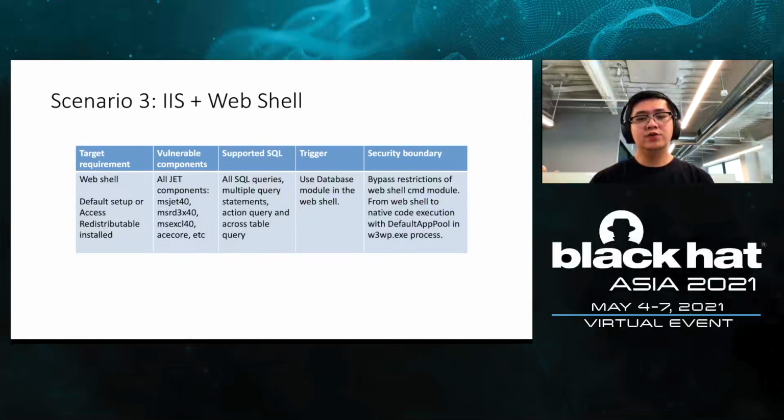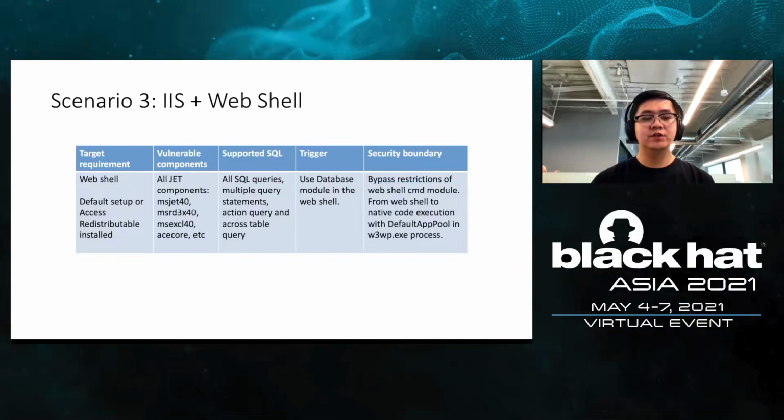So you can use JET vulnerabilities in the web shell to get the native code execution capability. In the web shell case, all JET components are vulnerable, and all SQL queries are supported.